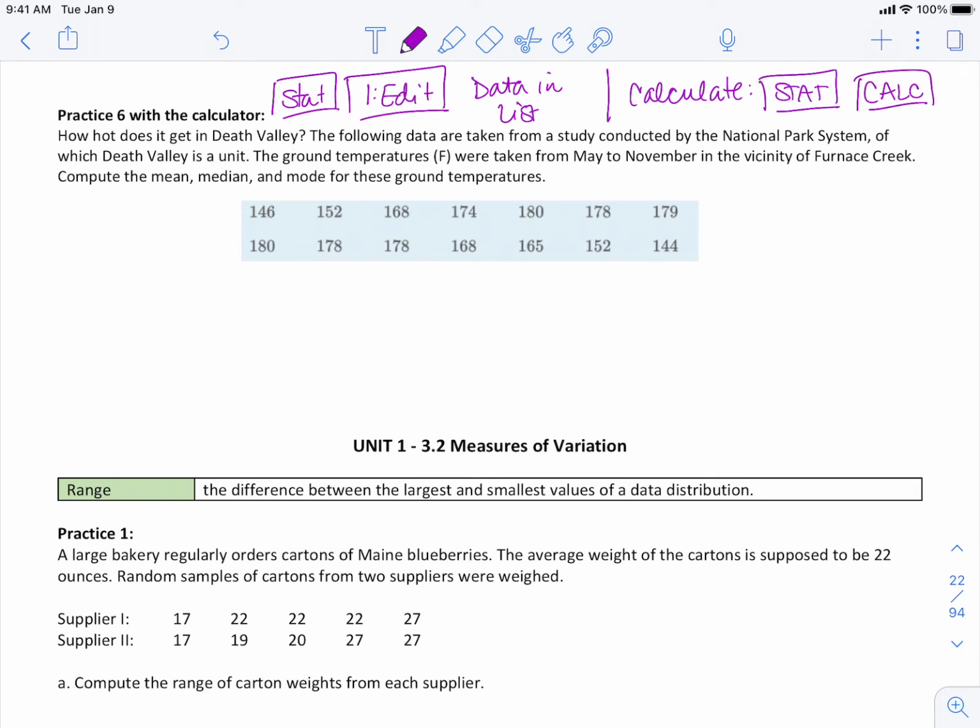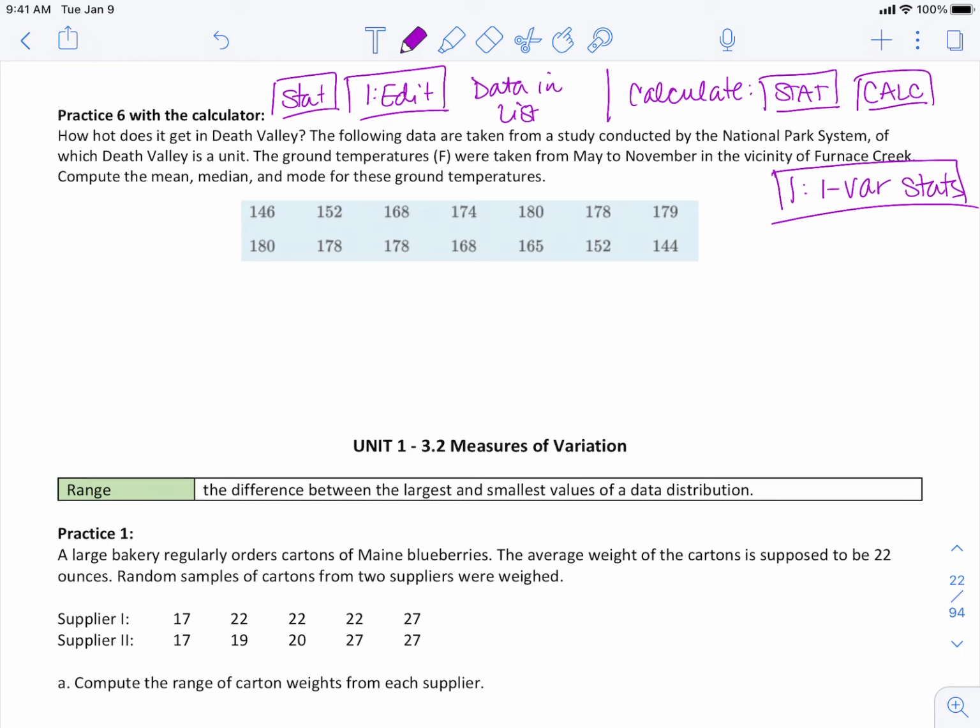And under the calc menu, you're going to choose number 1, which is the one variable statistics. Your list is L1, you hit enter there. Then you hit enter on calculate, and you will see all of the data.